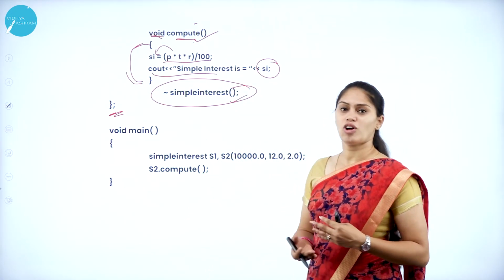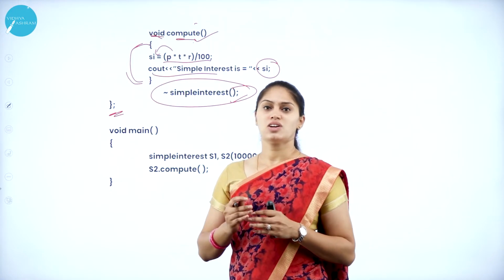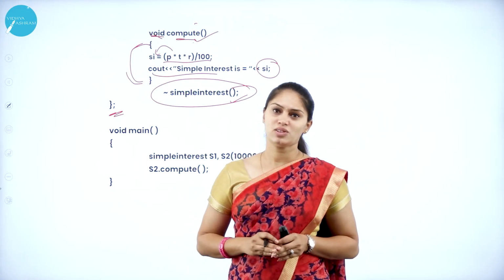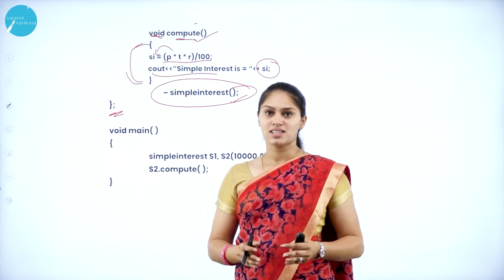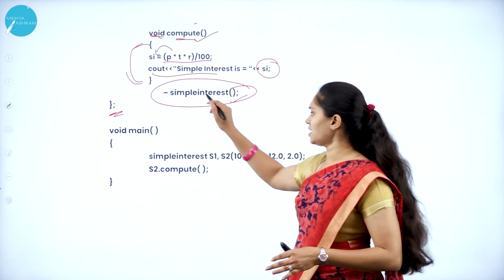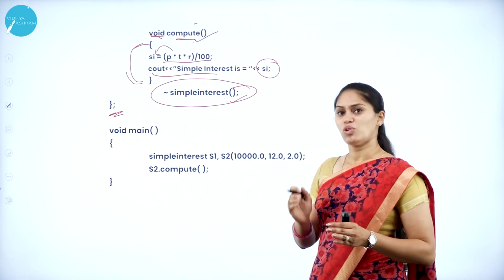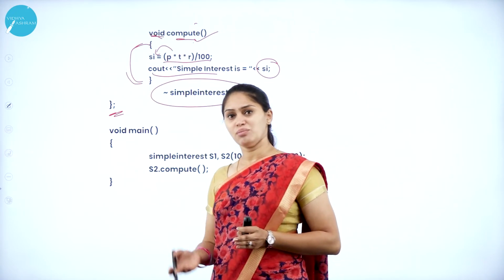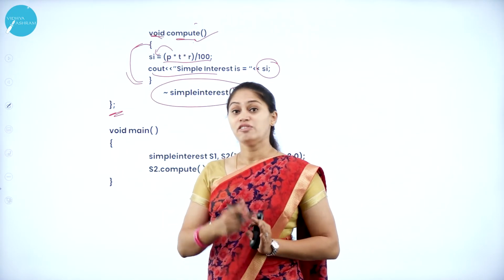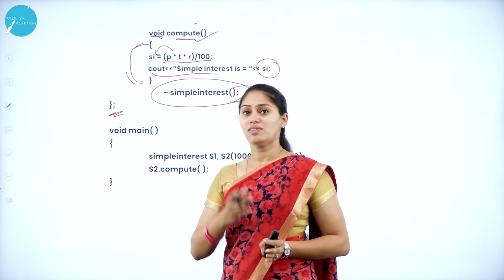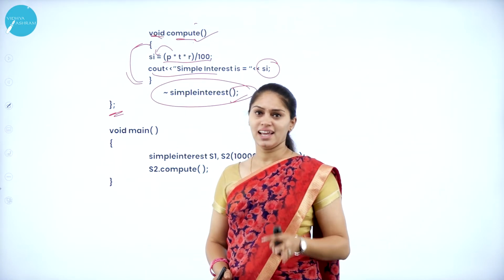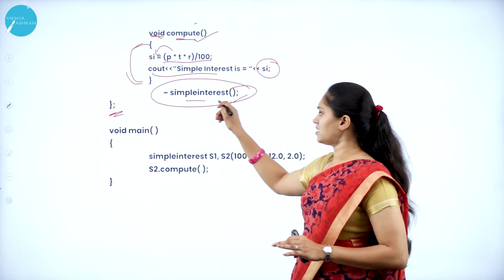When I am creating an object, the contents or resources are allocated to the object of a class. But when I use this destructor in my program, whatever I have assigned by making use of the constructor will be deallocated or destroyed automatically when I call this destructor function.